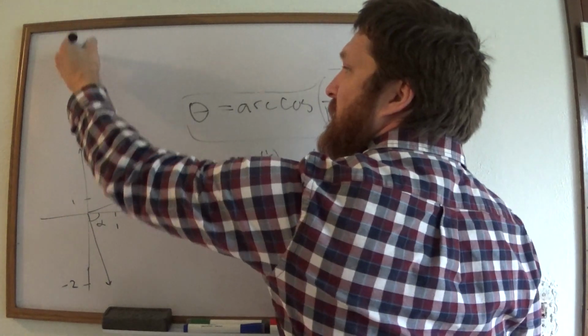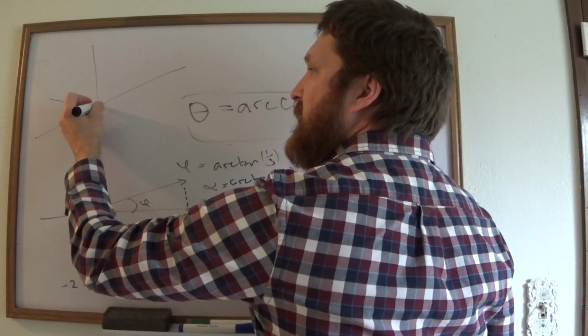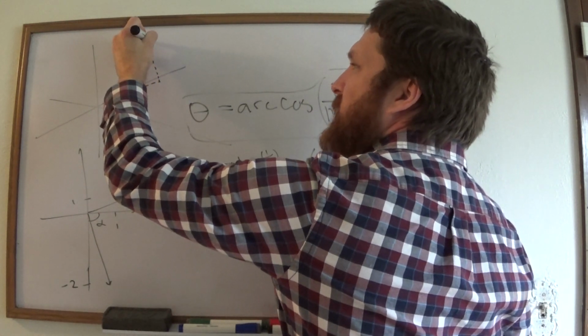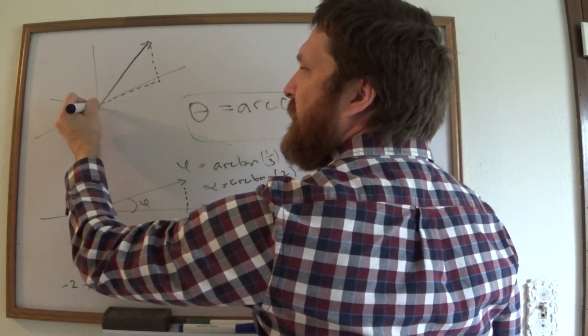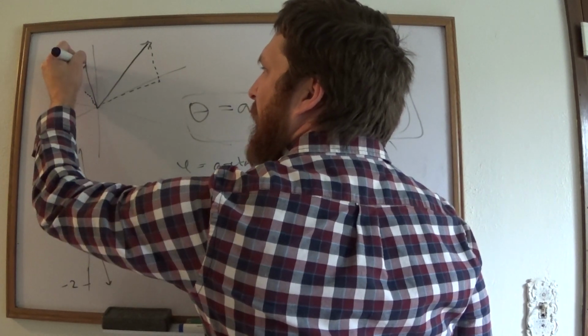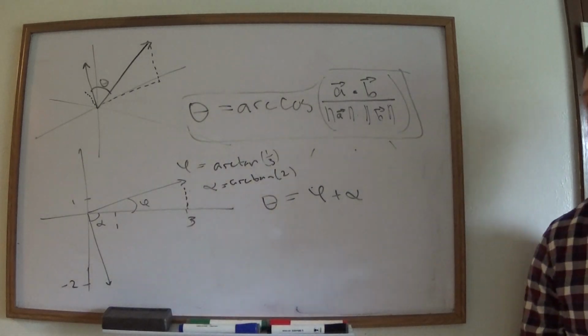But what happens when it's like this? One of your vectors is this guy, and the other vector is back that way, this guy, and you're looking for this angle. And if you have 4 dimensions, you couldn't even do it.